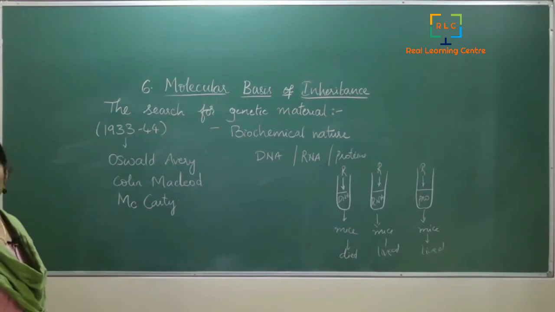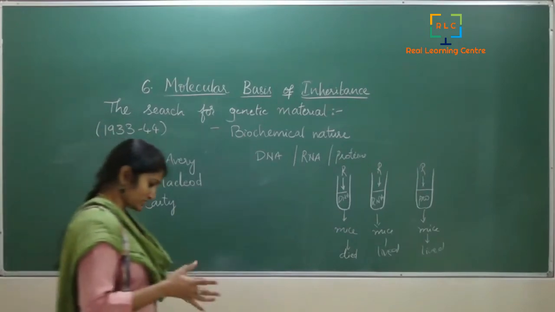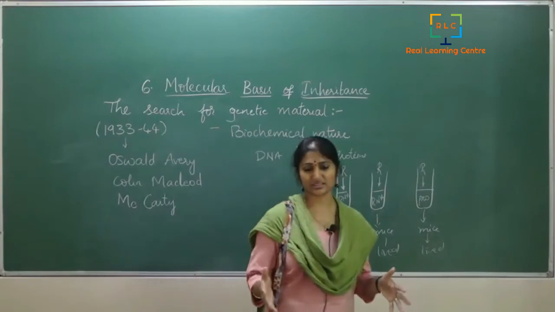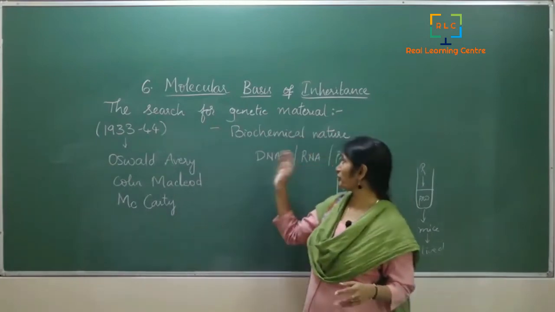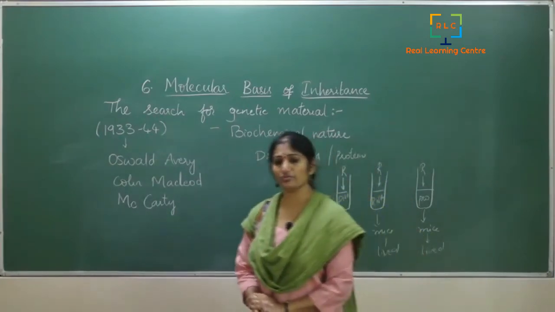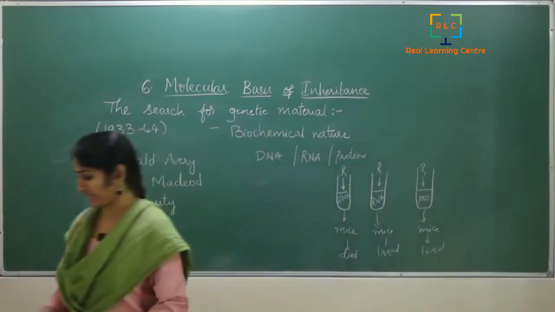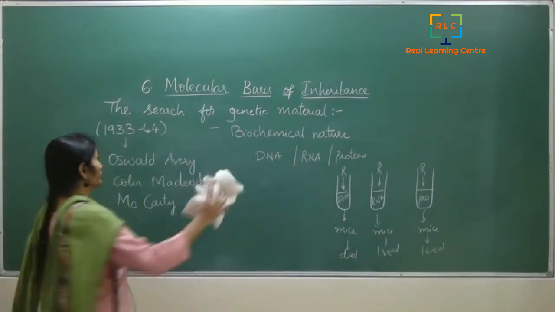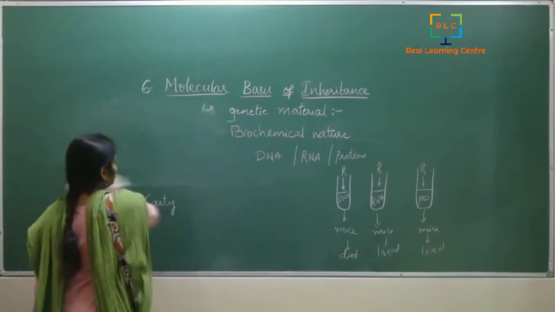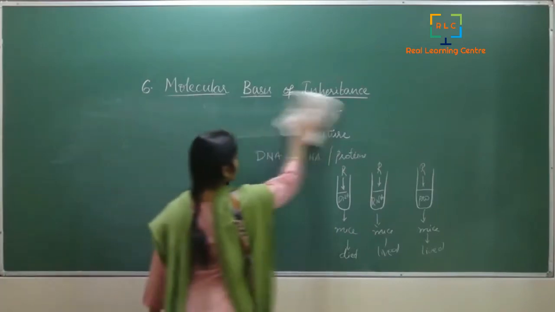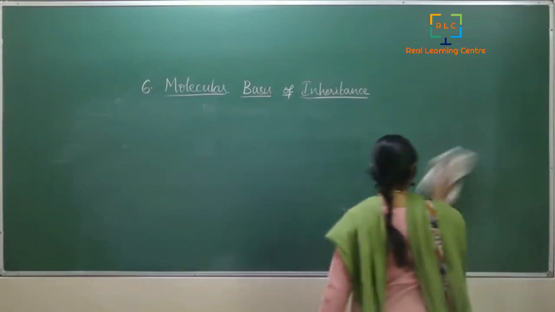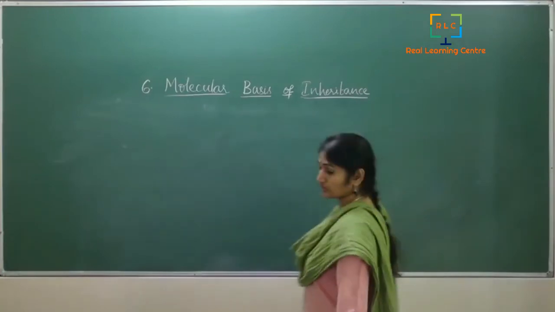as a transforming principle. So basically it was not just the tests that were done. They went to understand the biochemical nature of the transforming principle, and later they proved that the genetic material is DNA.